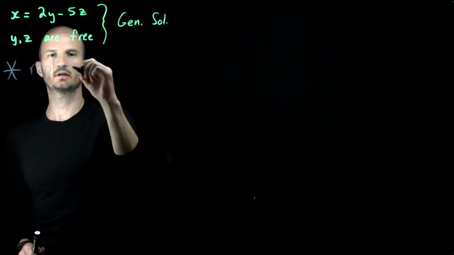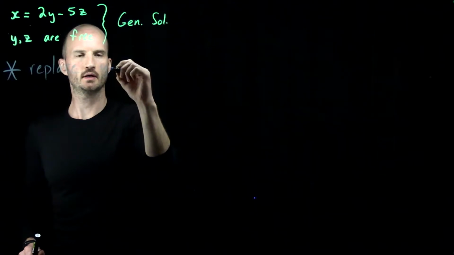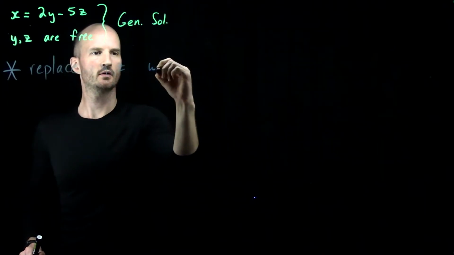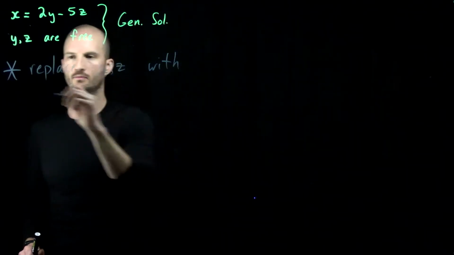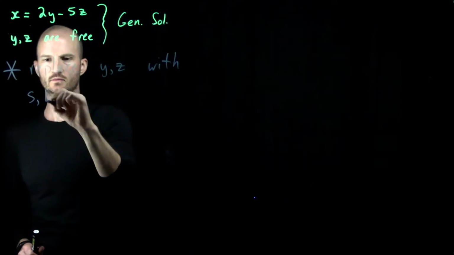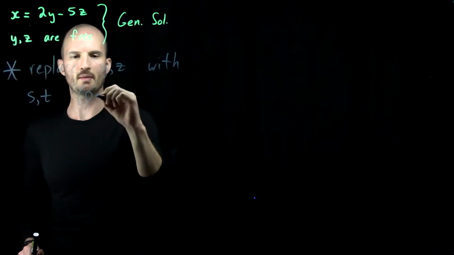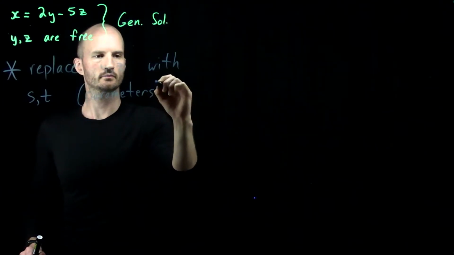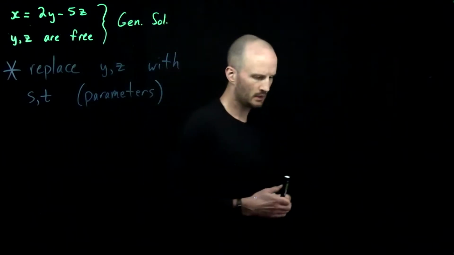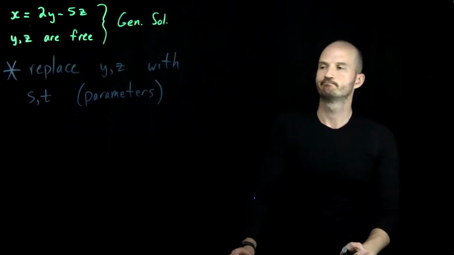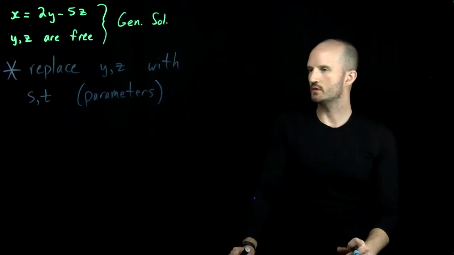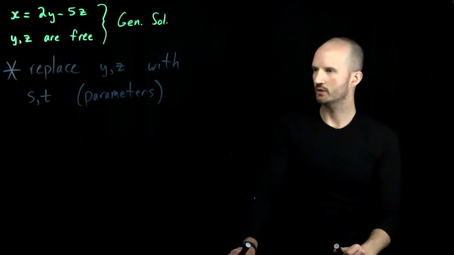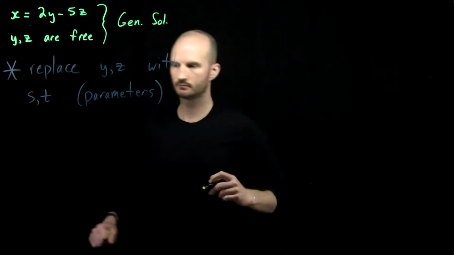So we'll say replace y, z with S, T. And these are called parameters. You're just changing a letter, so depending on your point of view, this is kind of unnecessary, but we're going to do that.